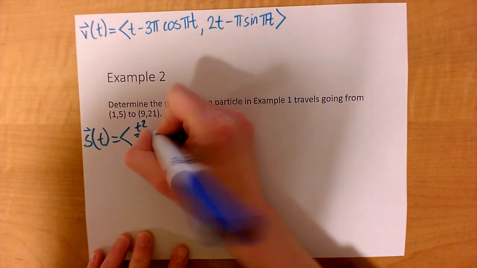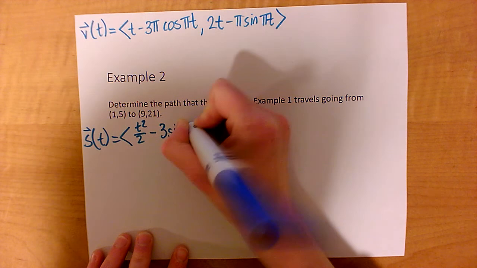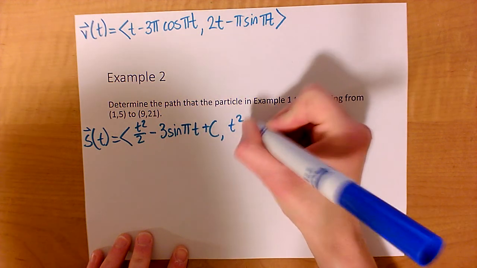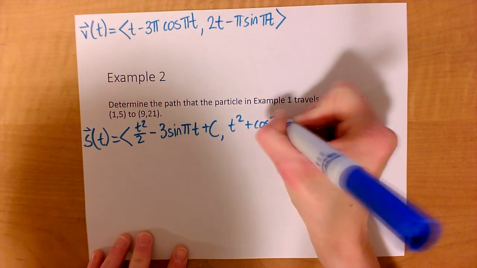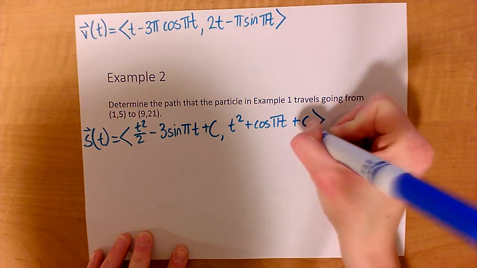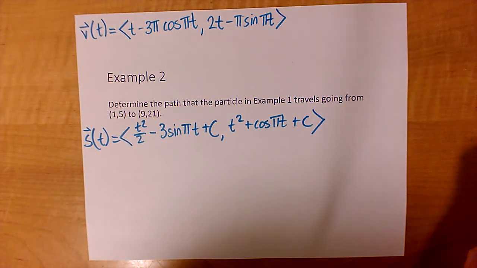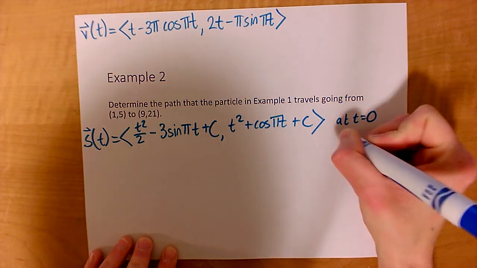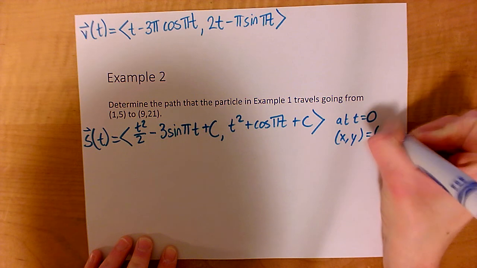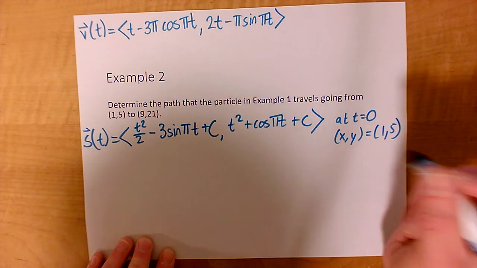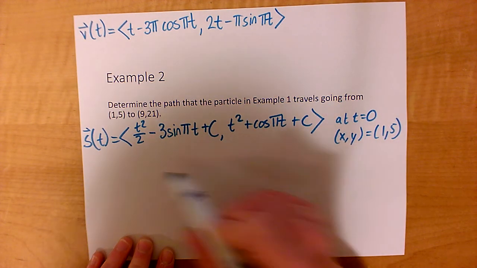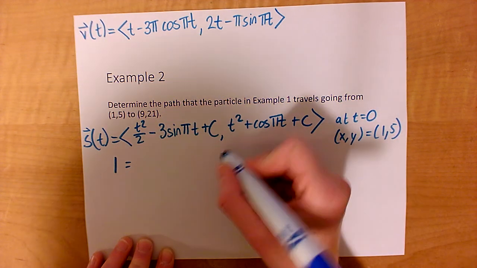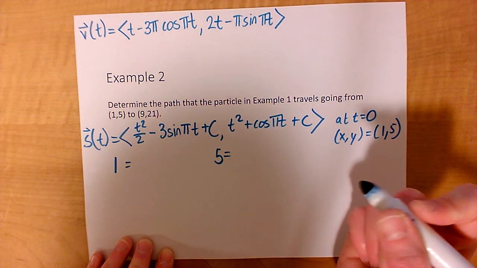So t squared over 2 minus 3 sine pi t plus c, and then t squared plus cosine pi t plus c. Okay? Now, we know that at t equals 0, our xy point is 1, 5, right? So we know at t equals 0, this whole piece right here equals 1, and this whole piece right here equals 5.